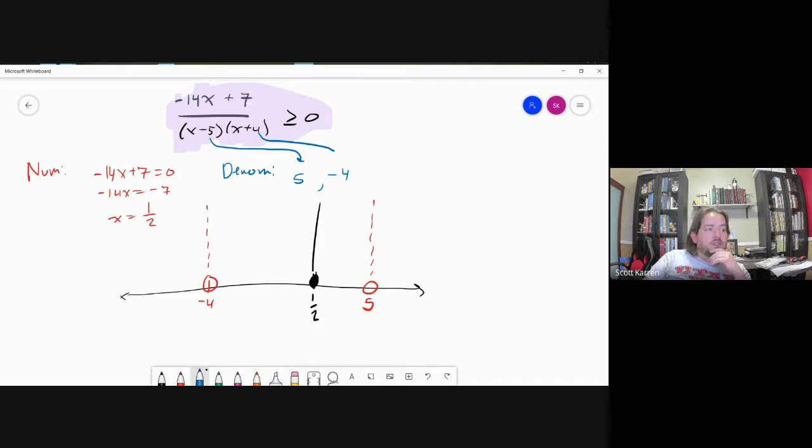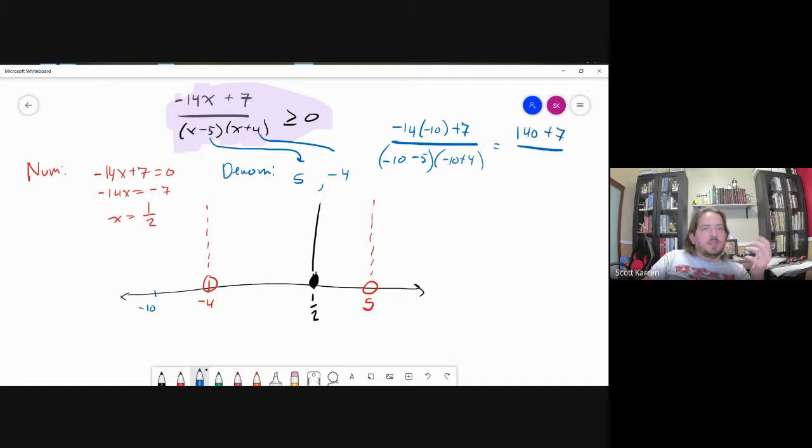So I just check stuff. Grab a number over here, negative 10, right? Plug it in. Negative 14 times negative 10 plus 7 over negative 10 minus 5 times negative 10 plus 4. What happens on the top? Negative 14 times negative 10 is a positive 140 plus 7.